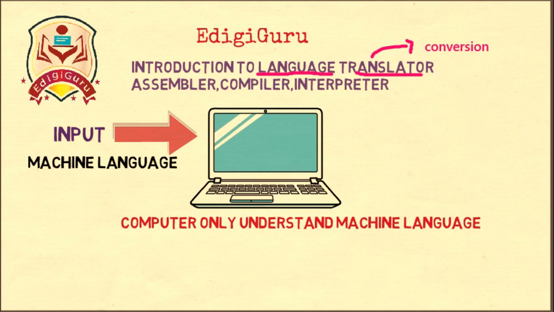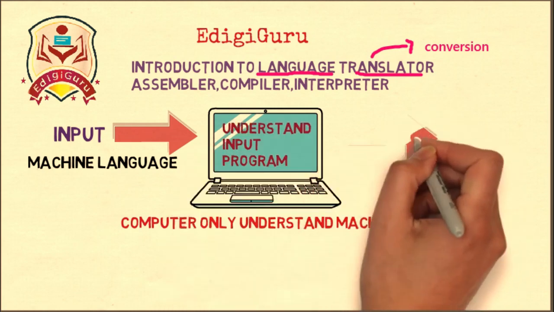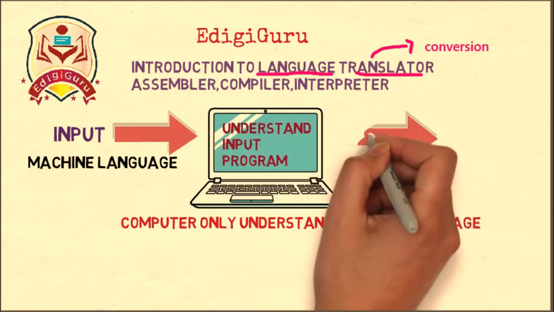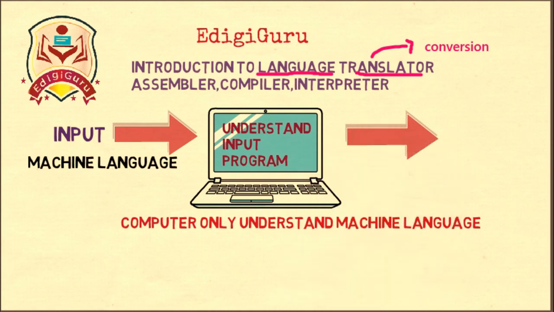It also understands the program which is already in machine language. It can directly execute the set of instructions inside that program and produce the respective output. But this is not the case.